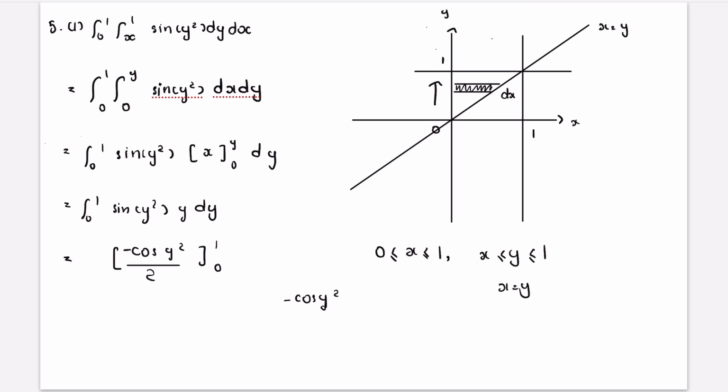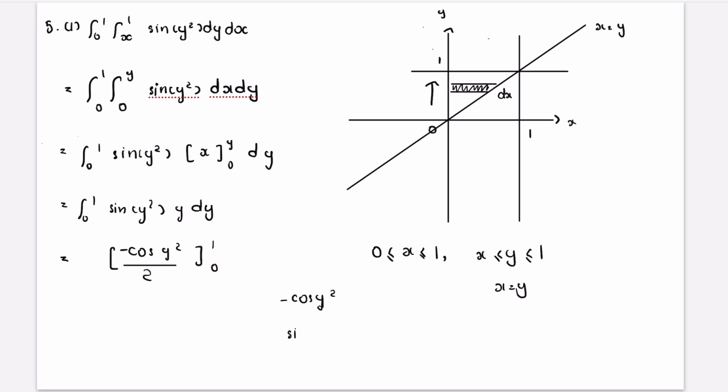When we find the derivative of minus cos y squared, we will get sine y squared times 2y, right? So we have everything, sine y squared and then y, but the only thing we need is only 2. So we need to divide by 2. So the answer is the same, sine y squared y. We will get the same answer. Yeah, just like that.